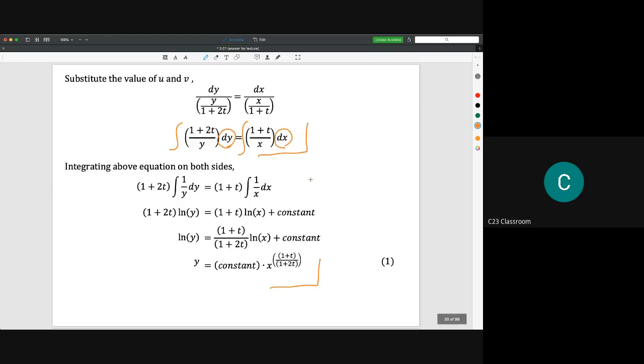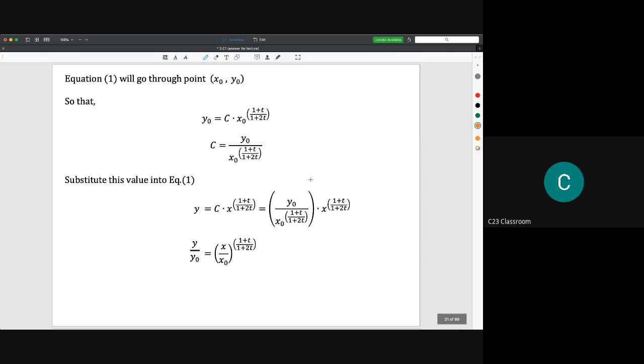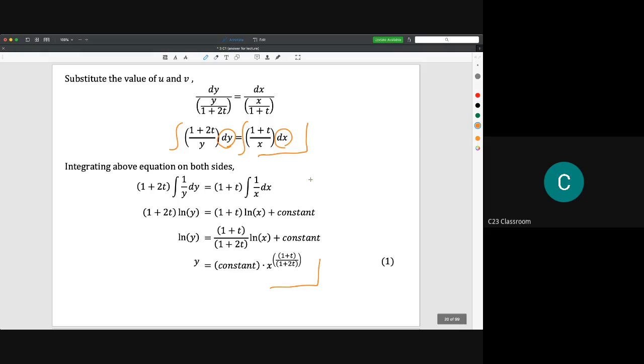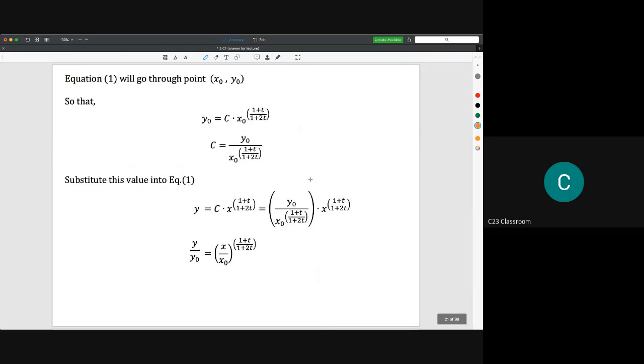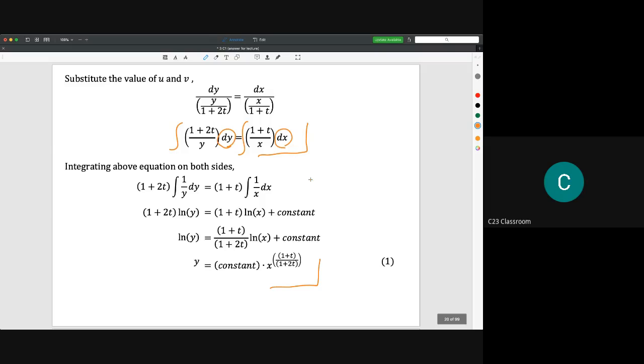So we get the value of y, and again, when you do the integration, you will get a constant. If you merge this, you eliminate the ln term here. You will get y equal to a constant times x to the power of this one, and then we need to calculate the value of this constant.